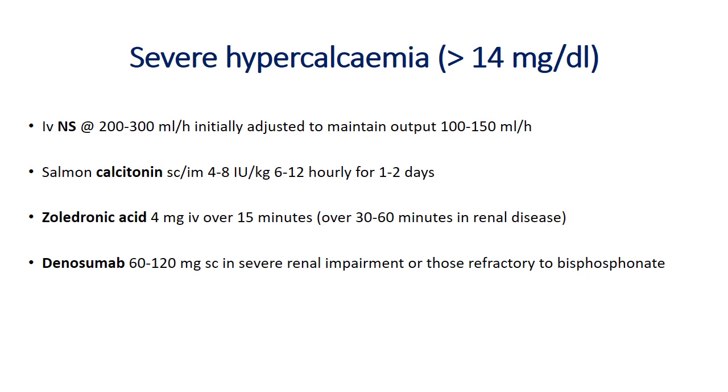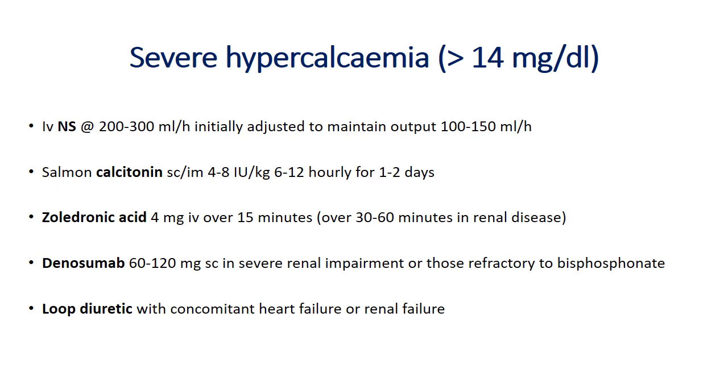Now, if you need to give zoledronic acid for a second time in a patient who is not responding to zoledronic acid, you need to wait for at least 7 days. With denosumab, you need to wait for at least 1 month before you repeat denosumab if you feel that it needs to be given to reduce the level of calcium further.